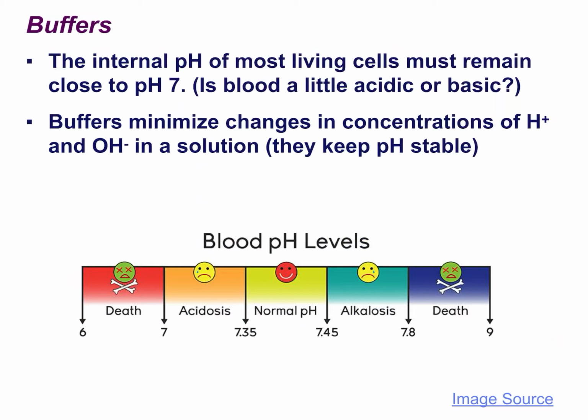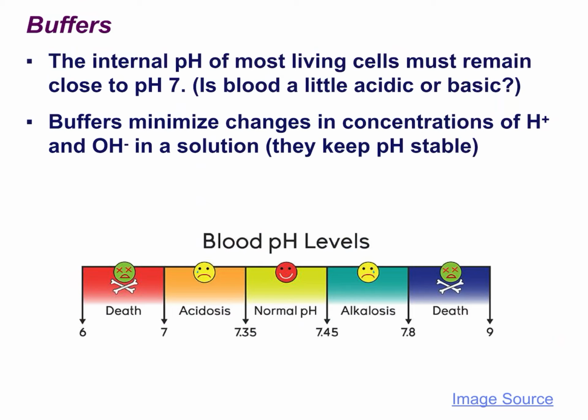And so why do we even really care about pH? Well, in biological functions and biological molecules, pH is going to be really important because that's going to dictate how our different molecules work, the structure and the function of those molecules, especially proteins. And so certain areas of our body are meant to be at a certain pH.